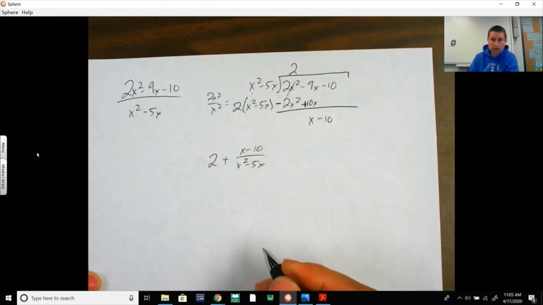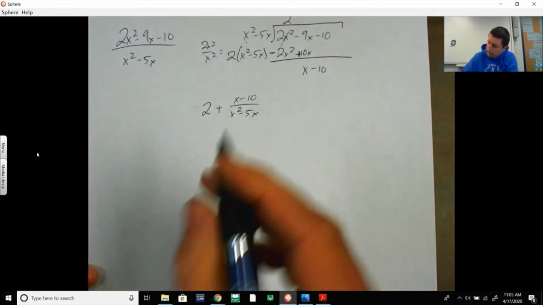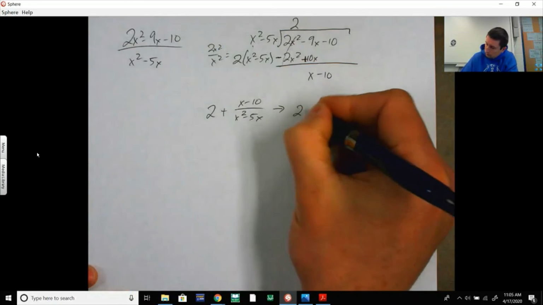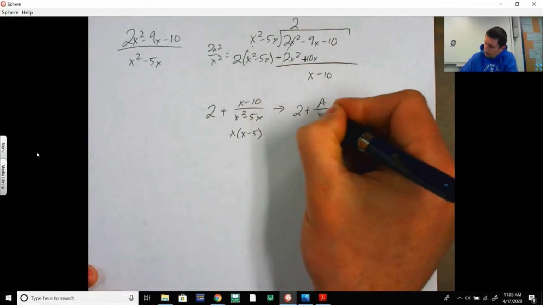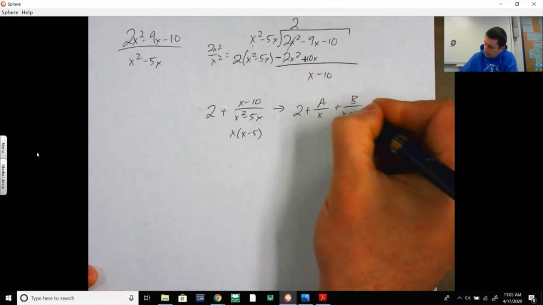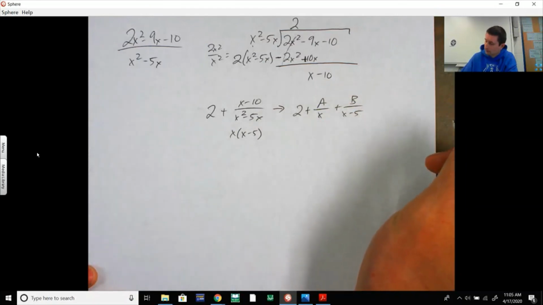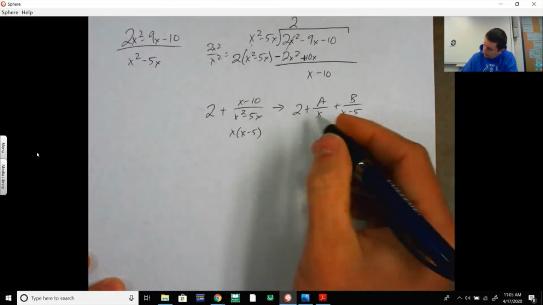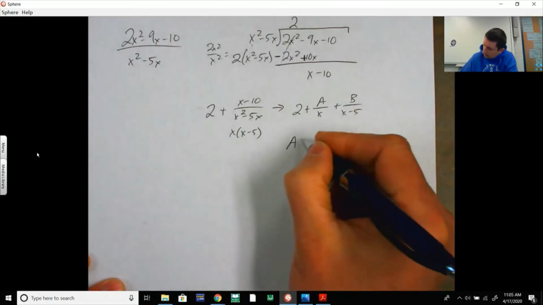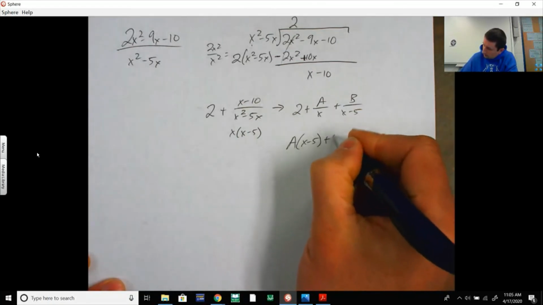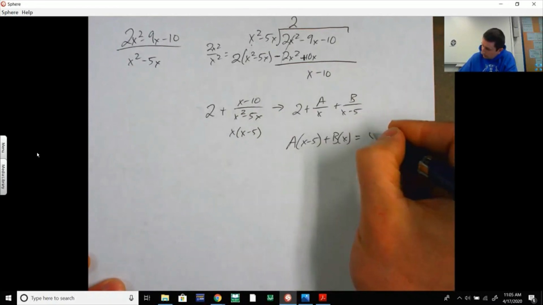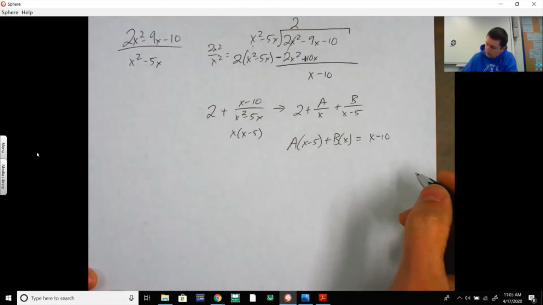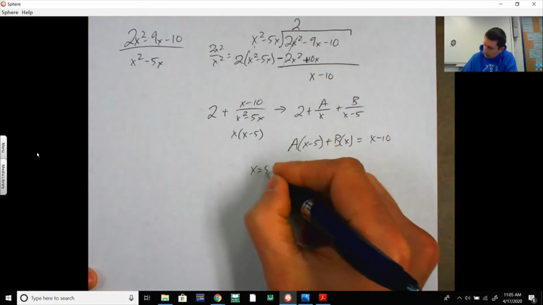So we're at 2 plus x minus 10 over x squared minus 5x. Now our numerator has a smaller degree than our denominator. So that means 2 plus, this is x times x minus 5, a over x plus b over x minus 5. So a times my other denominator, x minus 5, plus b times x has to equal x minus 10. So first I'll let x equal 5.